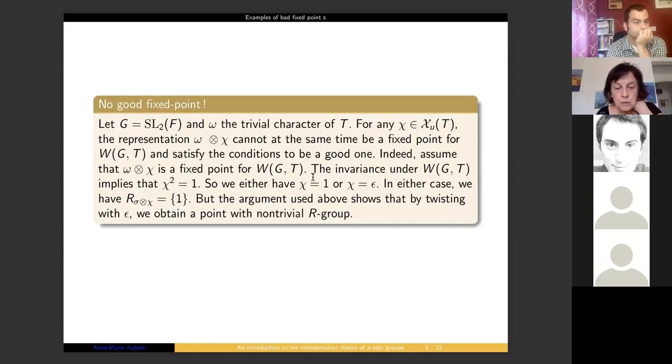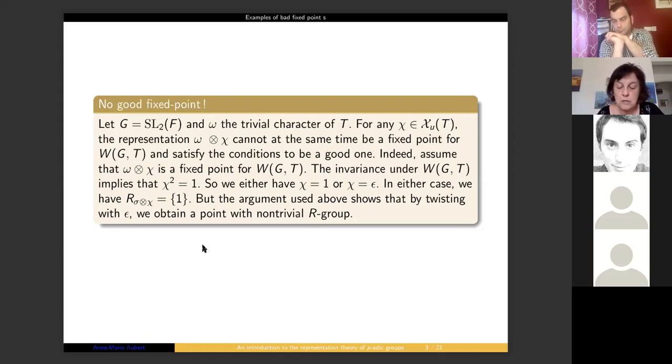Because if you request that it is a fixed point, you find that chi has to be of order 2. So chi is a unitary unramified character, and the only possibilities for chi are 1 or epsilon, and in both cases we have the R group, which is 1. If you repeat the same argument as above, but changing the trivial character to epsilon, we also get that epsilon cannot be a good fixed point.